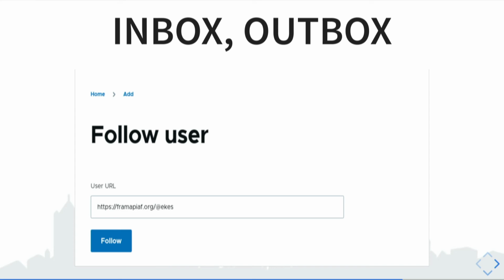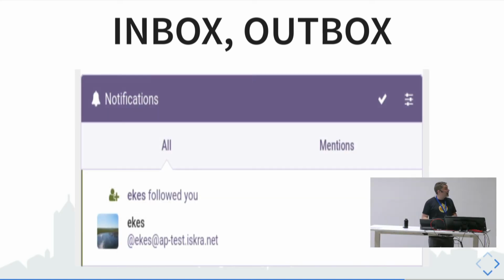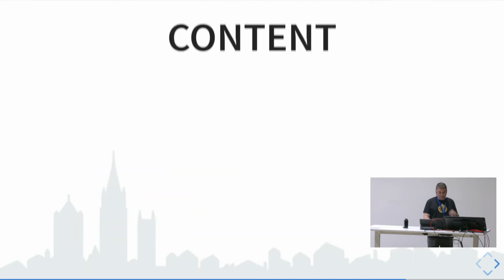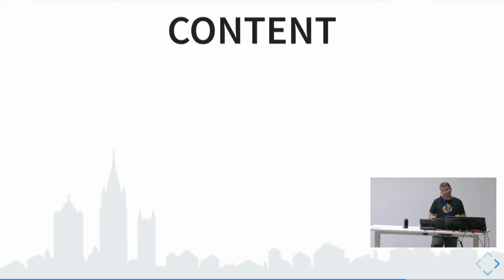And it works the other way, so I can follow that Mastodon user in my Drupal instance. And there you can see it coming up on the other end. And so that's your inbox, outbox associated with the user as an actor.